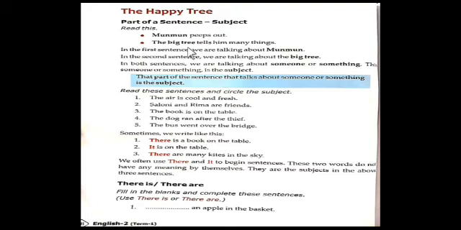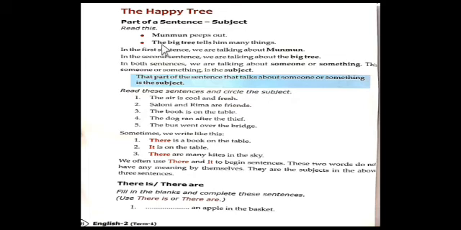So in both sentences, we are talking about someone or something. So this someone or something is the subject. So Munmun and the big tree are the subject. Munmun peeps out. In this sentence, Munmun is the subject. The big tree tells him many things.